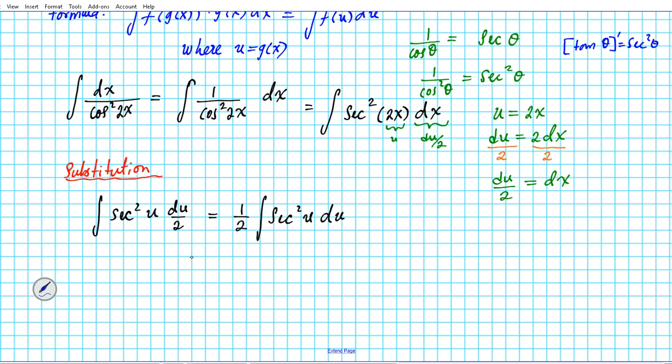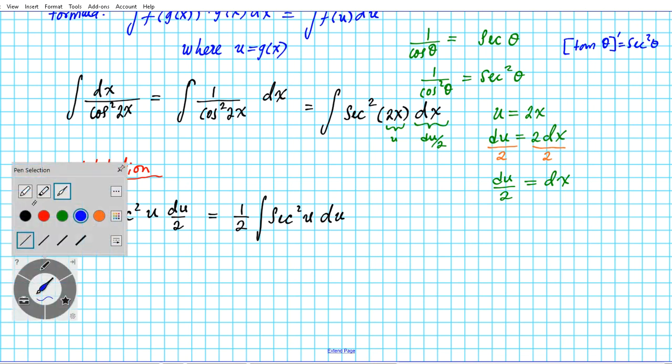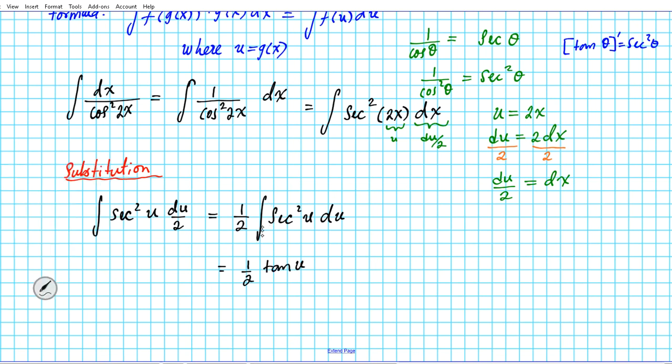Let's use that reversal of the differentiation rule here to integrate, and we're going to have 1/2 of, instead of secant squared theta, the antiderivative, tan u. Remember, after you integrate, the integral symbol and the du go away together. And don't forget your plus c, because this is an indefinite integral.